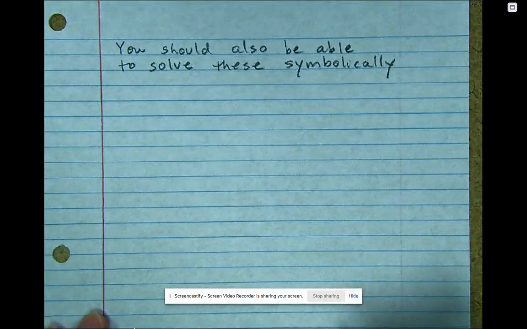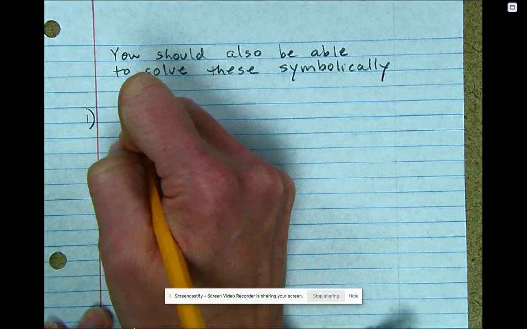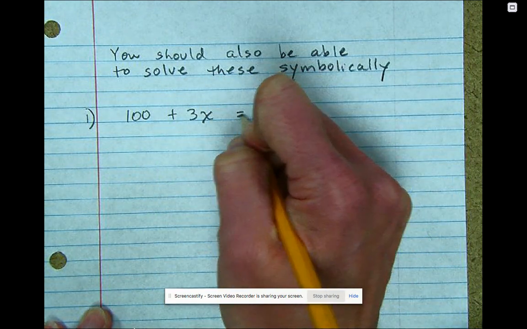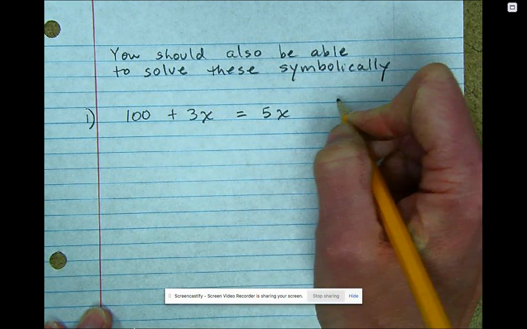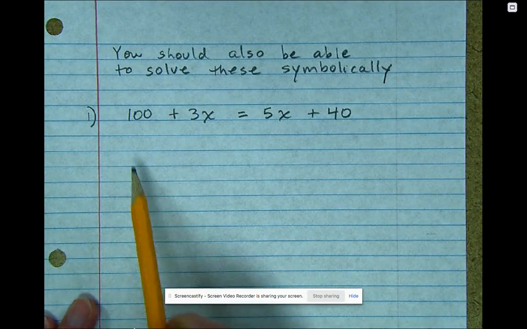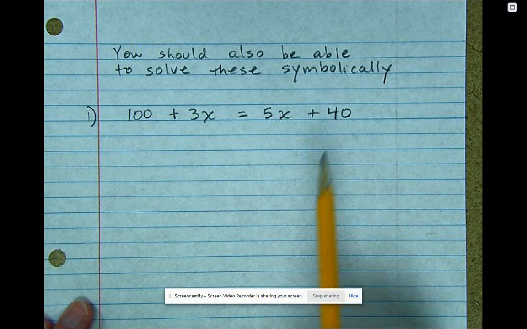Okay, so let's say I had my first example, 100 plus 3x is equal to 5x plus 40. With pictures, this was 100 coins plus 3 pouches equal to 5 pouches plus 40 coins.